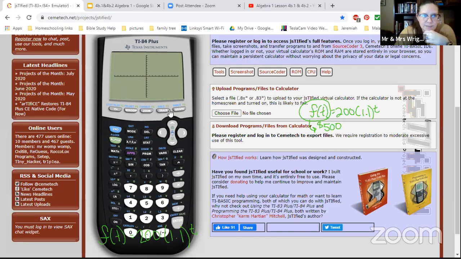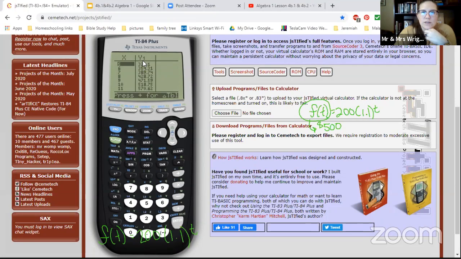I don't know if you can see it, but this one right here says table. It's right above graph. We pushed graph to get to this point. But when you see a blue thing, if you want to get to that, you push the second button first. So we're going to push second, table, and it brings us to the table.